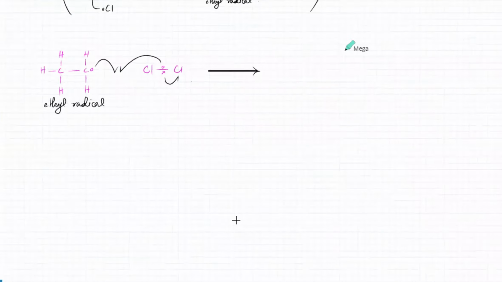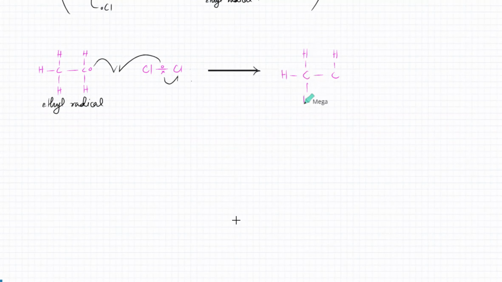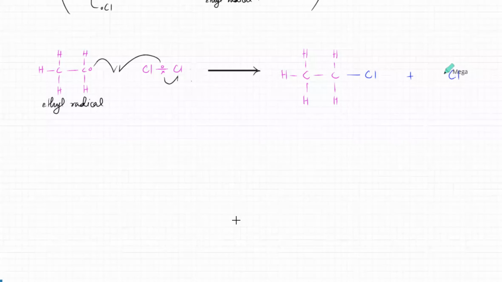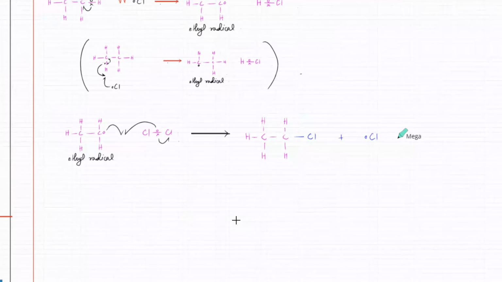What you'll get is carbon with H's. The right carbon atom was a radical, but now it's got a Cl bonding to it. And another Cl radical is produced. So it's a two-step process which just keeps on continuing.